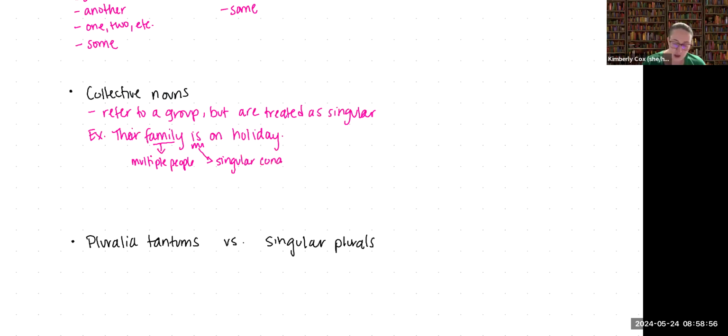Let me spell conjugation appropriately. Conjugation of the verb be. So what that means is that we have a collective, which is family, but it's being treated as a singular. Interestingly, there is an exception.